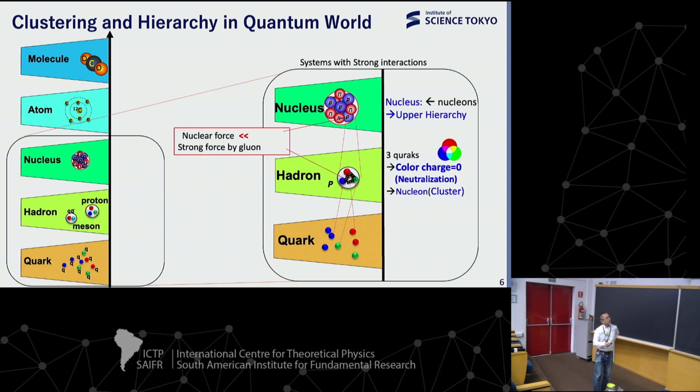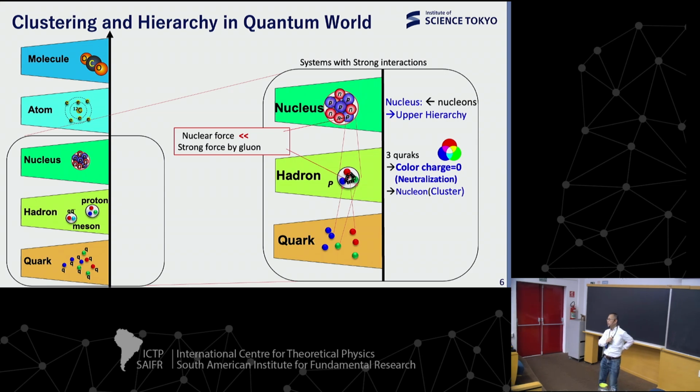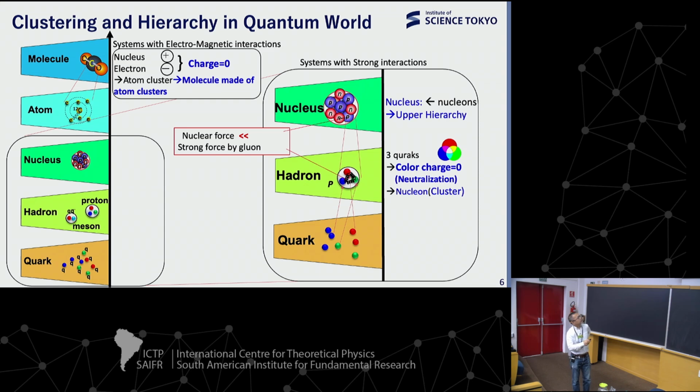So by confining these three quarks, we know that the interactions are kind of separated from this hierarchy to this hierarchy, okay? But if you look at these sectors, atoms and molecules, we see a similar thing happening.